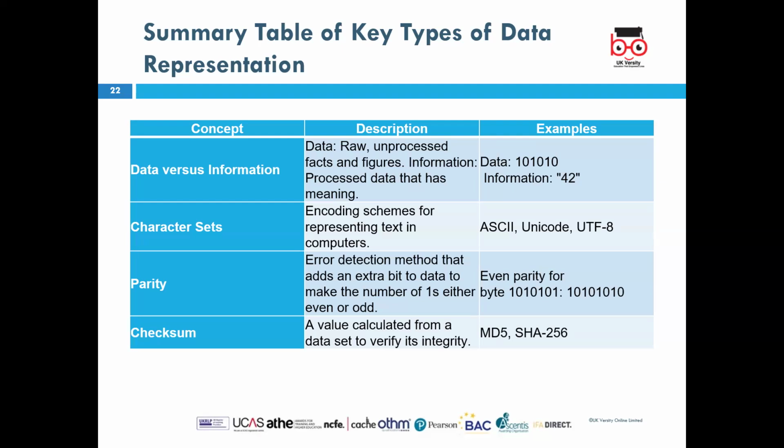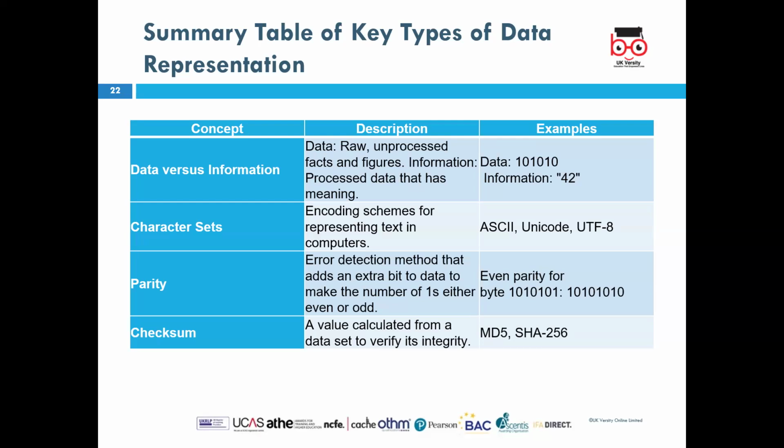With data versus information, we have raw data, which is unprocessed facts and figures. With character sets, we have encoding schemes for representing text in computers, such as ASCII and UTF.